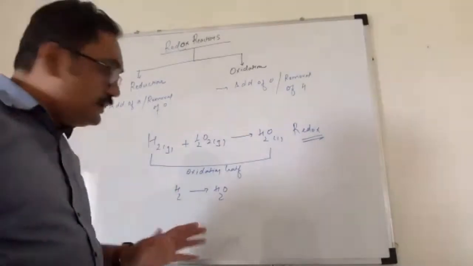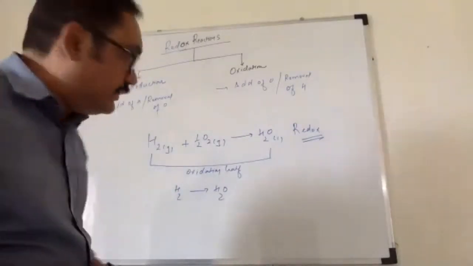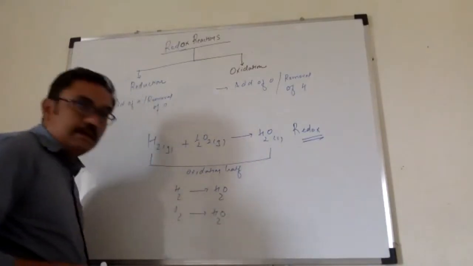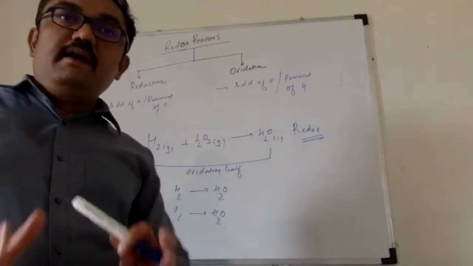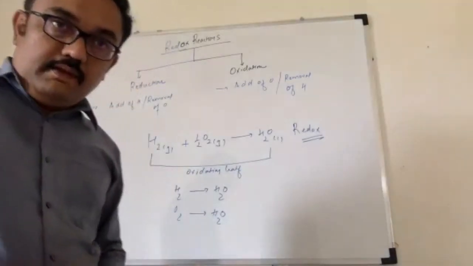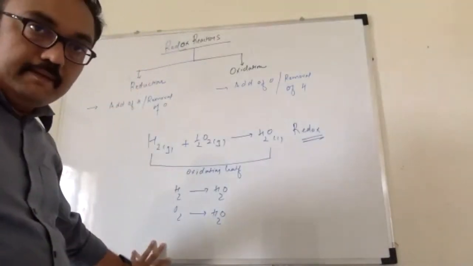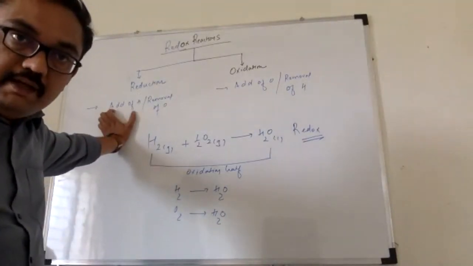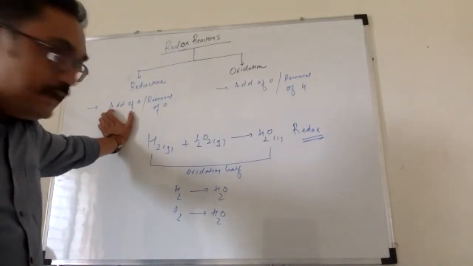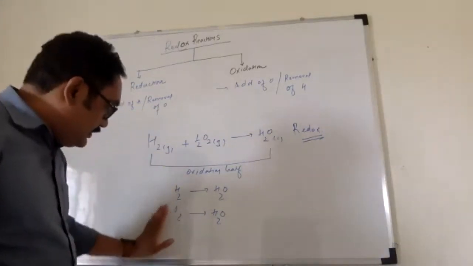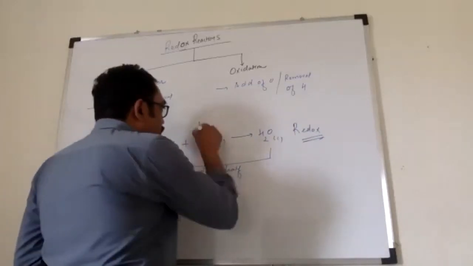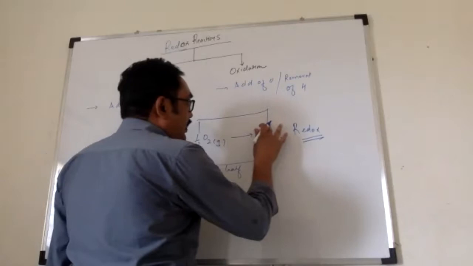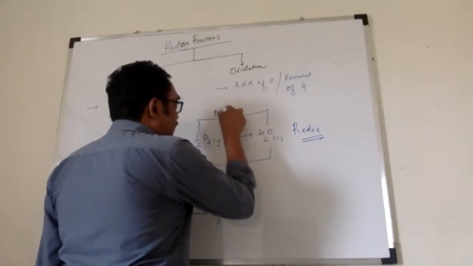Now see the change of oxygen, the other reactant. The oxygen has changed into H2O. So that can be understood as an addition of hydrogen. It is the addition of hydrogen to oxygen. And what is the addition of hydrogen? The addition of hydrogen is a reduction as per the definition. So this particular half, oxygen to H2O, can be called the reduction half.